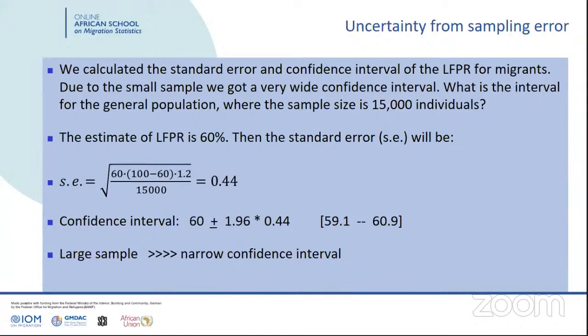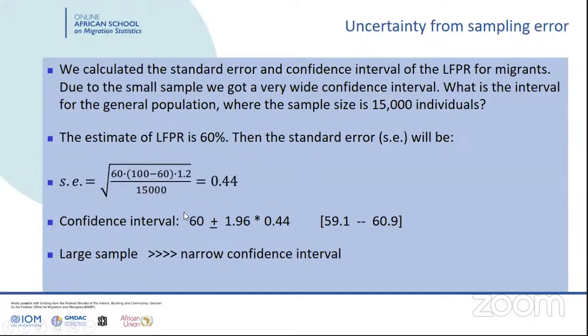So just to show you what happens with a labor force survey when we look at the general population, not the migrants, but all the individuals in the sample. Then we do the same things as before, but instead of 150, we have 15,000 here.